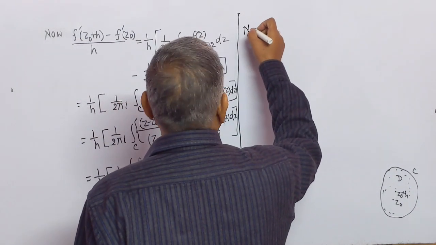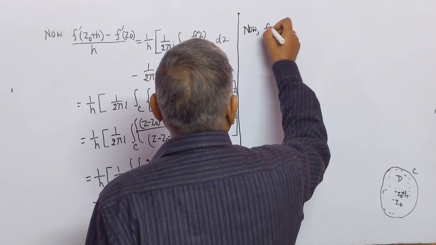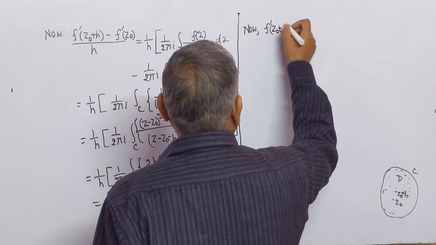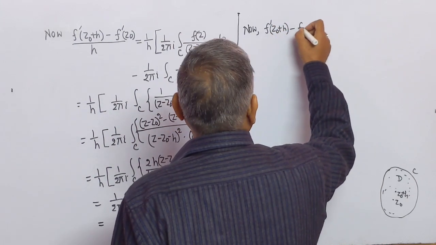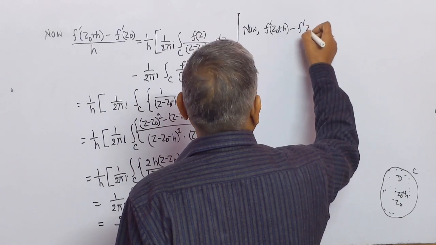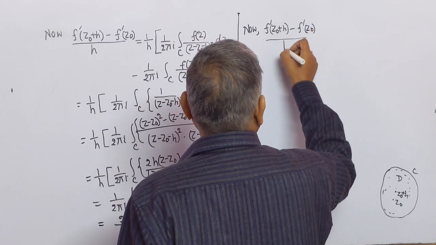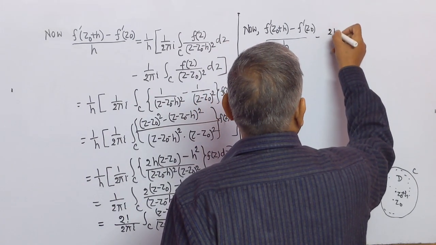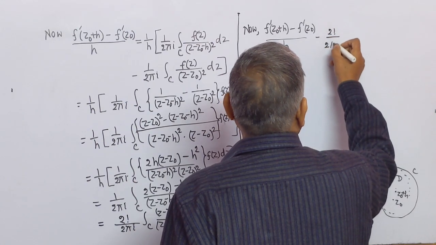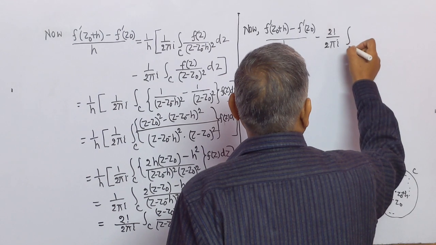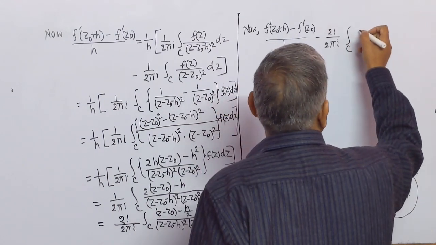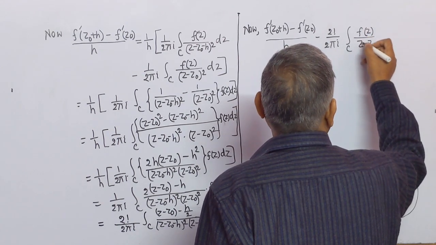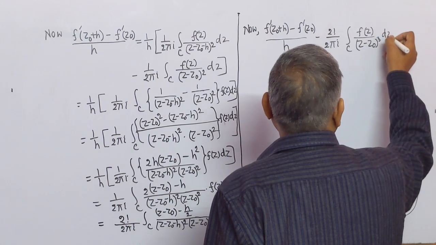Now the derivative of f(z) at the point z naught plus h minus the derivative of f(z) at the point z naught, by h, minus factorial 2 by 2 pi i, integration along the curve C, f(z) by (z minus z naught) whole cube dz.